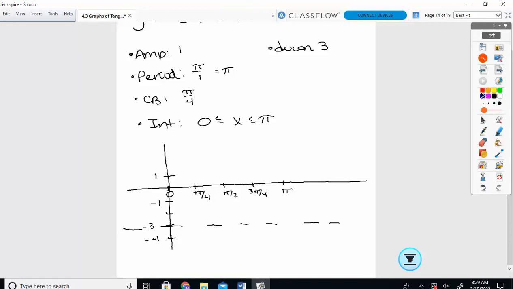So then, the reason we picked this interval for tangent and cotangent is so that the asymptotes will be on the two ends. And at the middle point, which was pi over 2 here, we would be at 0.